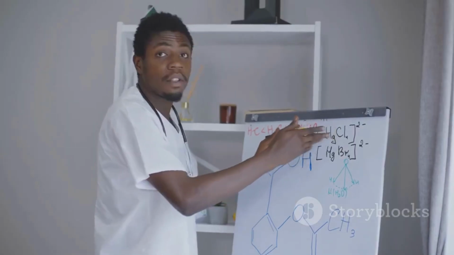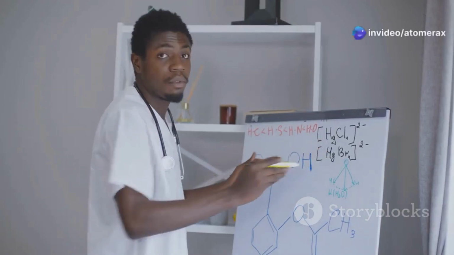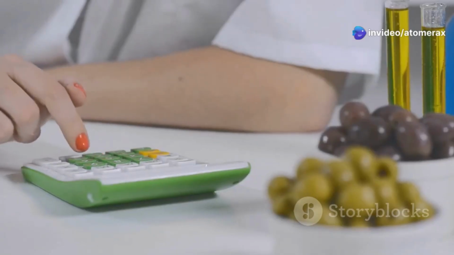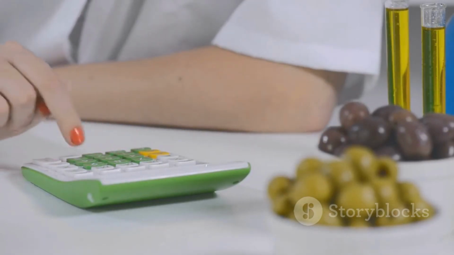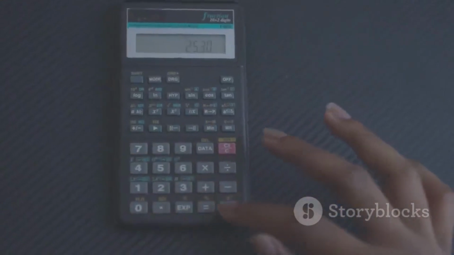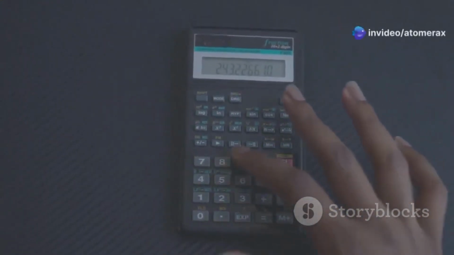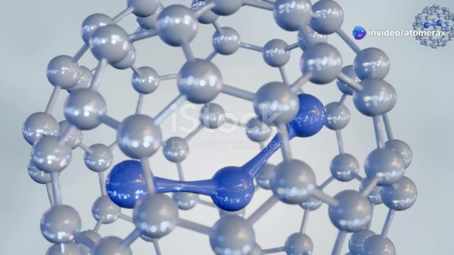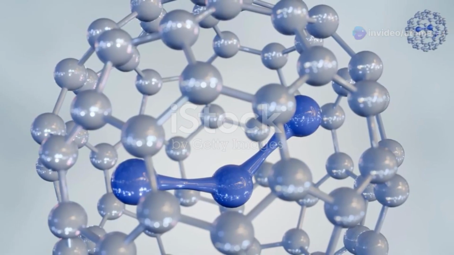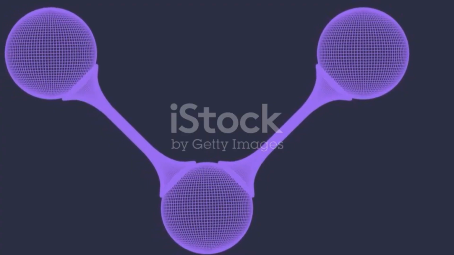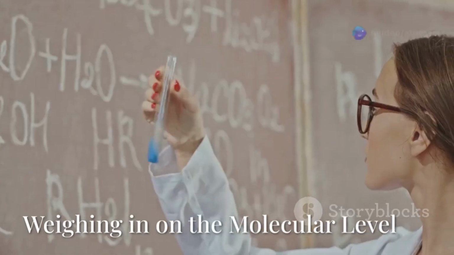To find the mass contribution of hydrogen, we multiply the number of hydrogen atoms by the atomic mass of hydrogen. 2 × 1.008 atomic mass units equals 2.016 atomic mass units. For oxygen, it's 1 × 16.00 atomic mass units, equals 16.00 atomic mass units. This means that in a water molecule, the hydrogen contributes about 2.016 atomic mass units and the oxygen contributes about 16.00 atomic mass units to the total mass.